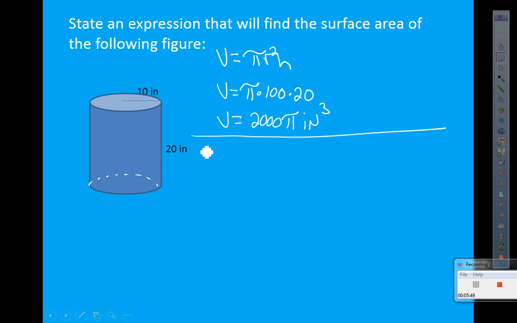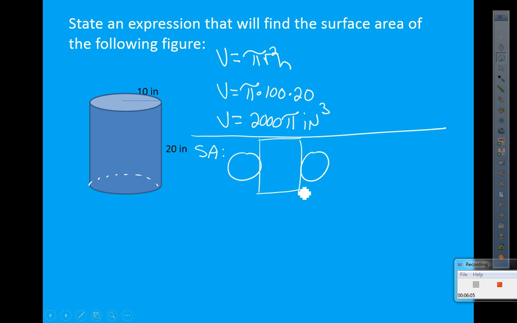Now for the surface area of a cylinder, what you have, guys, is a circular top and a circular bottom, and then a rectangle on the inside there.